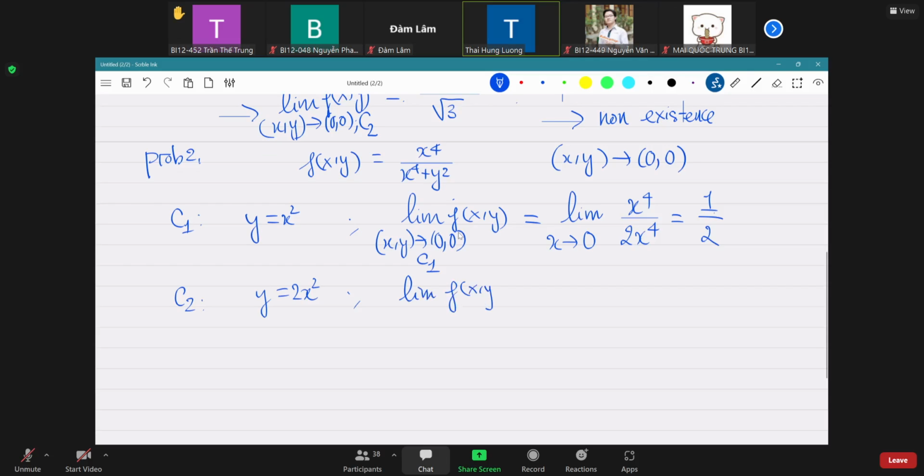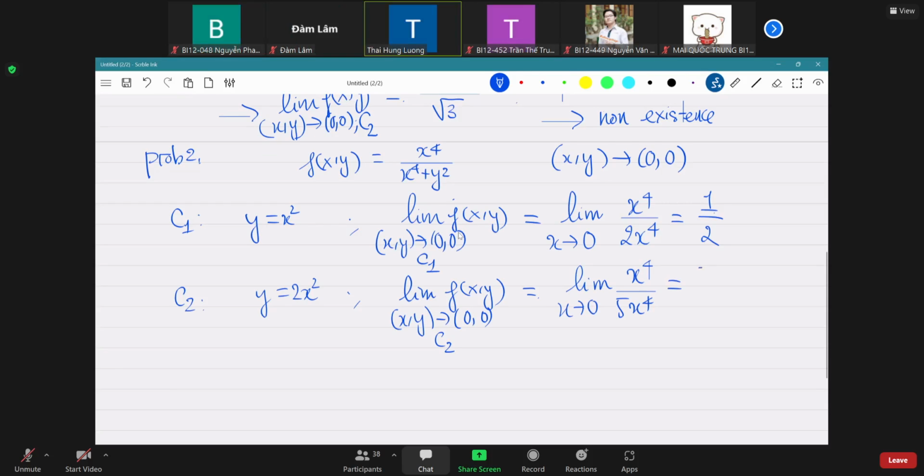So what is the value of this limit along c2? 1 over 5. Yeah, I see. Very good. Thank you. So you don't need to choose a complicated function, just the one you think is easiest to find the limit.